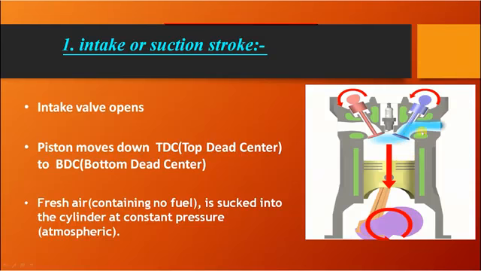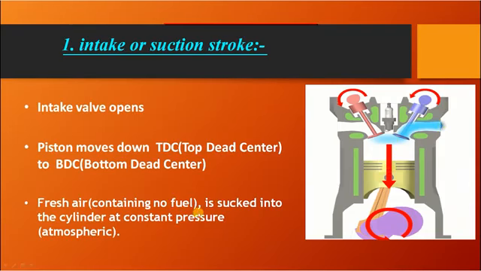When the fresh air enters the chamber, the piston starts to move downwards, and the chamber is filled with fresh air. The position of the piston is represented by TDC to BDC. When the piston is in the upward position, it is called top dead center, and when the piston moves downwards and reaches the bottom, that is called bottom dead center. When the piston reaches the BDC, the chamber is filled with fresh air.